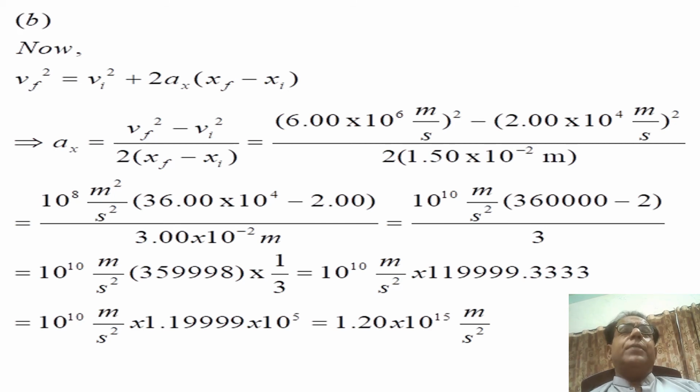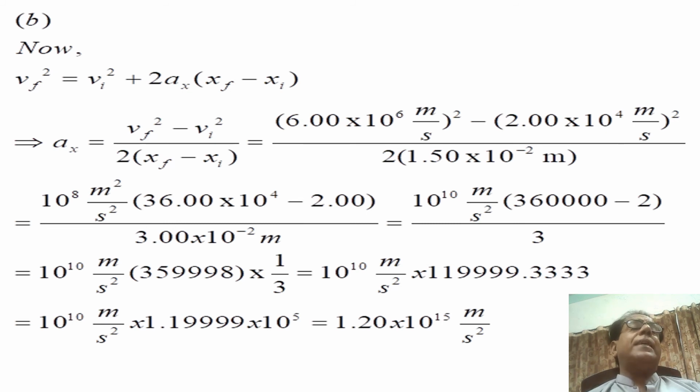Which is given. This alternatively becomes equal to 10^8 meter squared per second squared. What we have done, we have taken this factor common, because 10^6 is in square, so it becomes 10^12. Similarly, 10^4 is also in square, so it becomes 10^8.